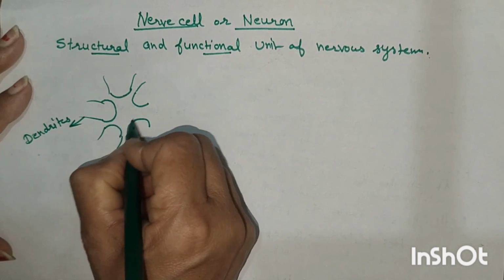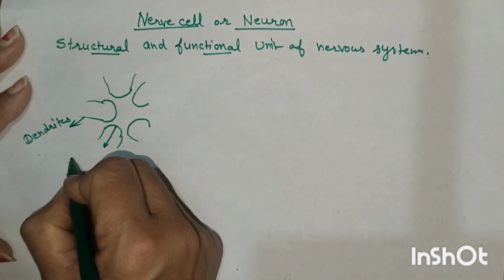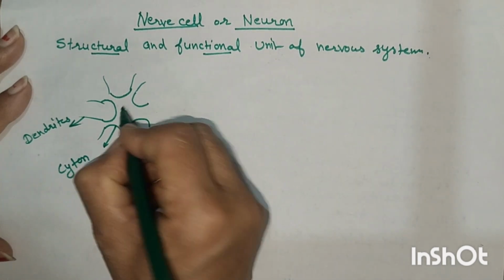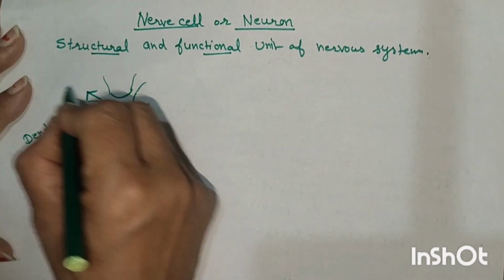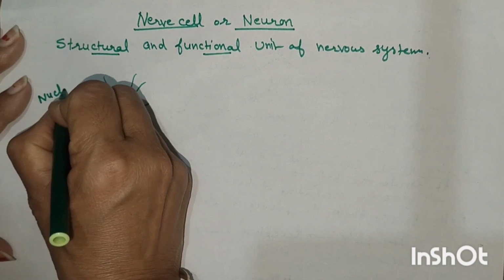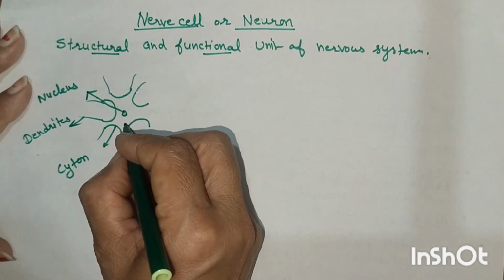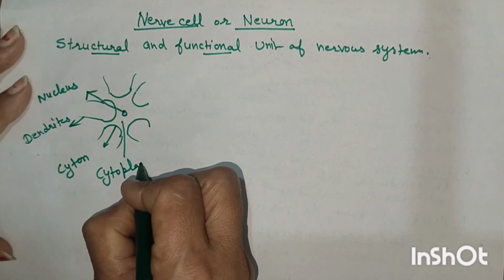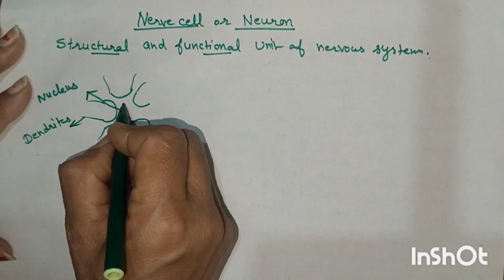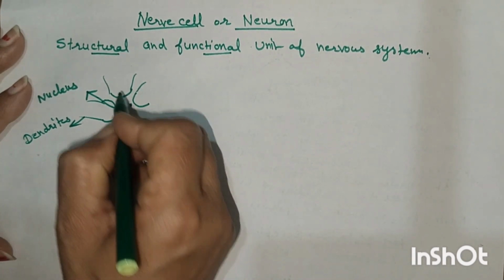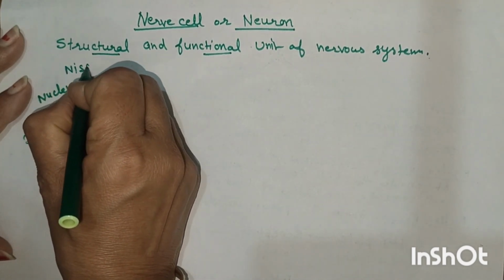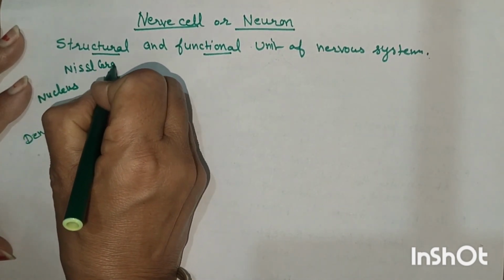And this is called cyton. This cyton consists of the nucleus, the central body, nucleus and cytoplasm. There are certain granules. These are called Nissl granules.